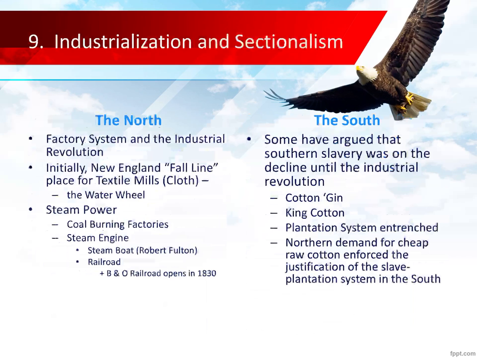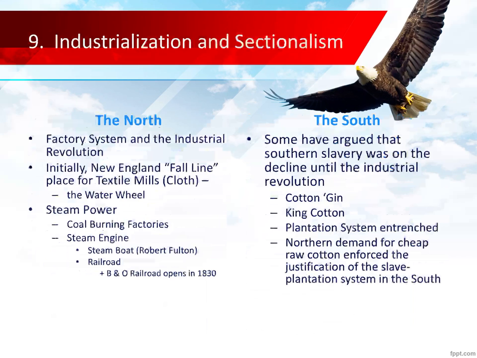The thing that's going to make that change is steam power and the steam engine. The steam engine is going to allow for coal burning factories to exist. It's going to allow the factories to move to the cities where people are actually living. And so now all of a sudden cities are going to grow exponentially because people move to the city to get jobs.